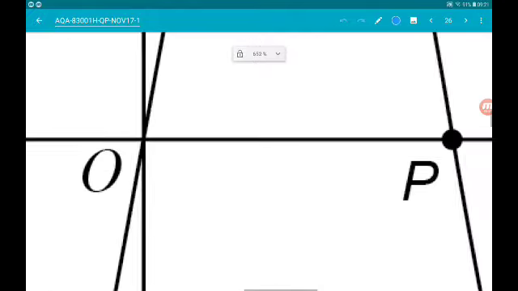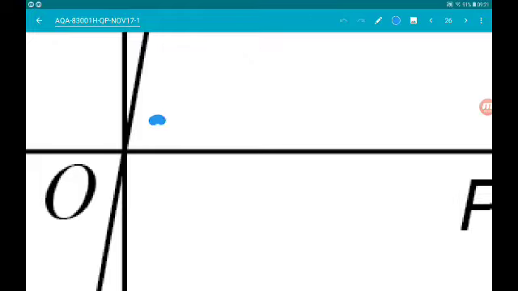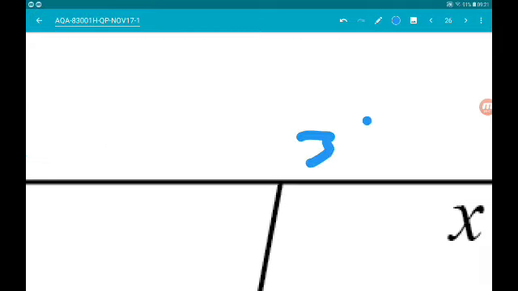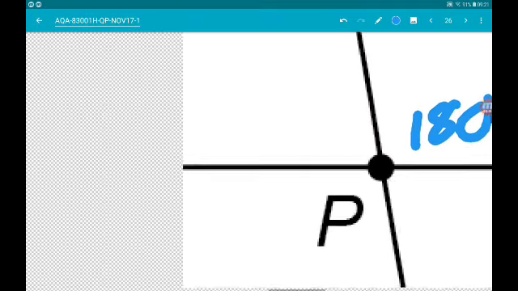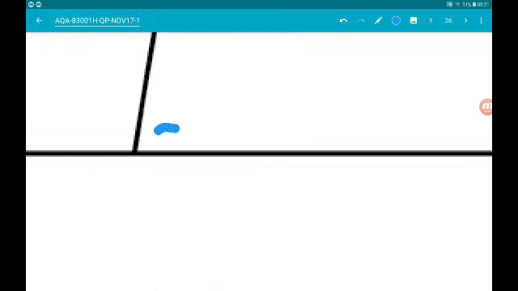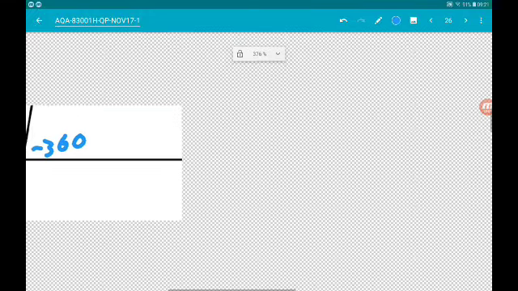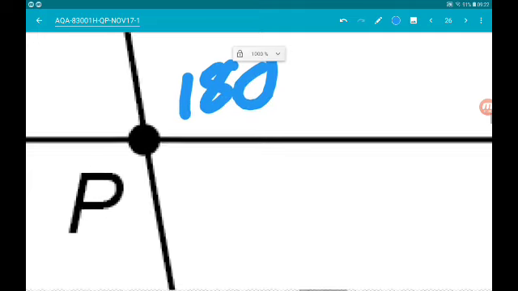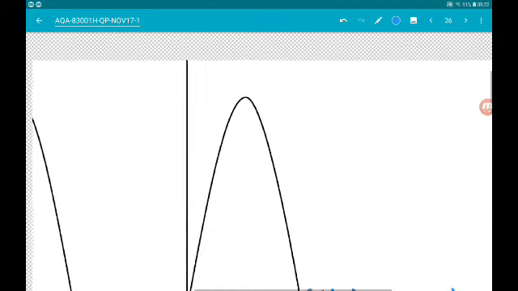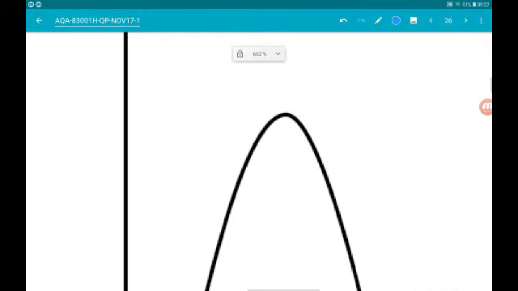So, sine of x is equal to 0 at 0, 180, and 360. And that carries on into the negatives too. So, P then has coordinates 180, 0.